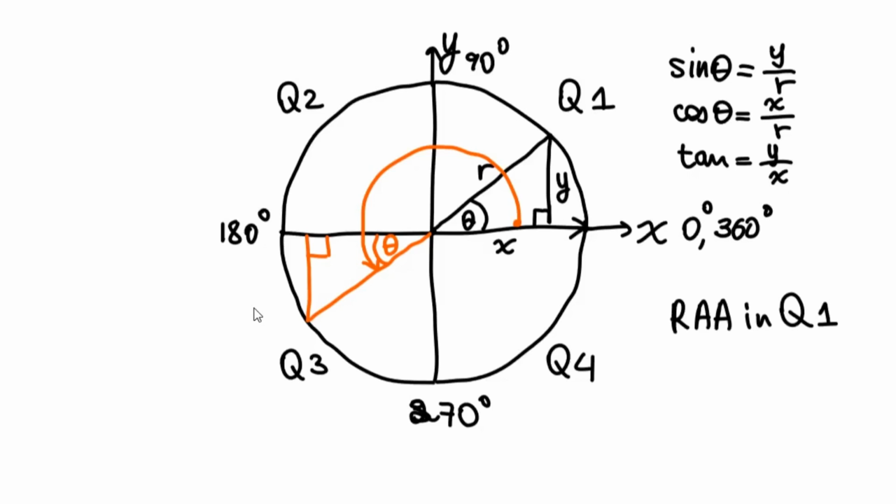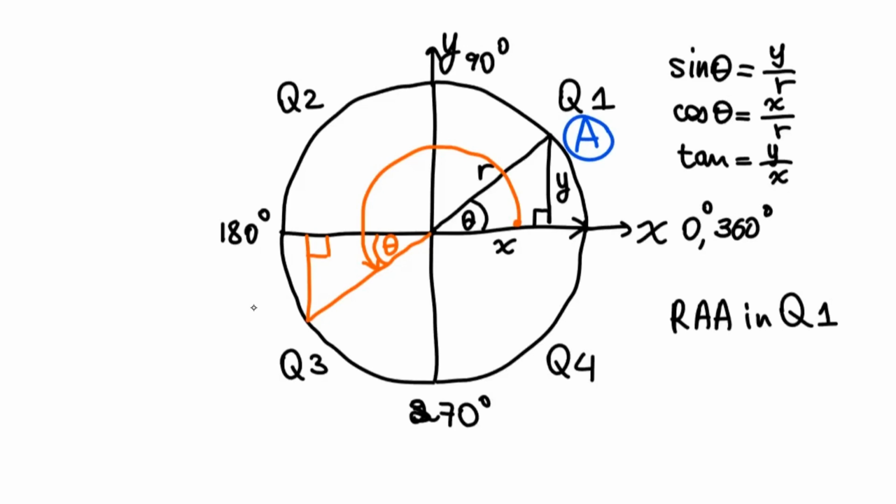The sign of each ratio is determined by its location within the quadrants. So in quadrant 1, all ratios are positive.